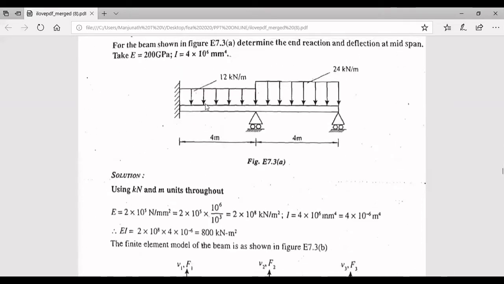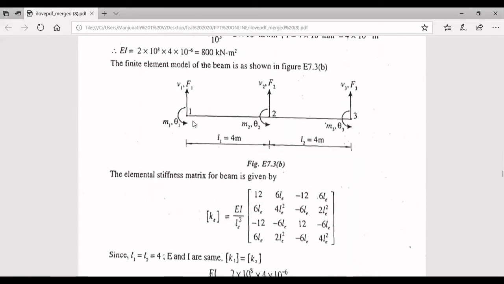For the given problem, first write a finite element model consisting of two elements along with three nodes: node number 1, node number 2, node number 3. At node number 1, the force acting is F1 and the moment acting is M1, the rotational load. Similarly, the possible displacement in the vertical direction is V1 and in the rotational direction theta 1.